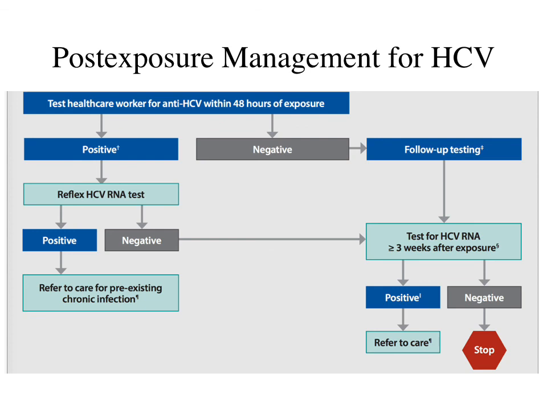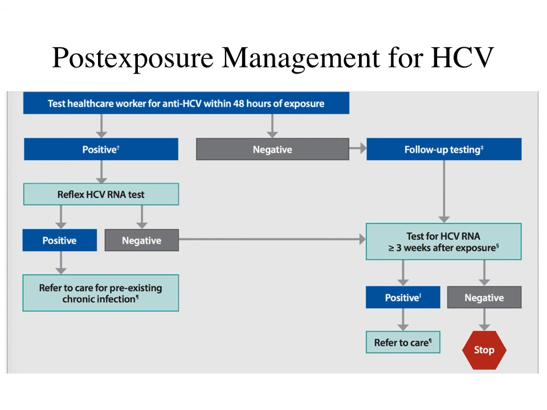If they're positive, you want to follow up with a test. If they continue to be positive, then you refer them to pre-existing chronic infection care, because those individuals already had hepatitis C infection. If they're negative, then you want to do follow-up testing.